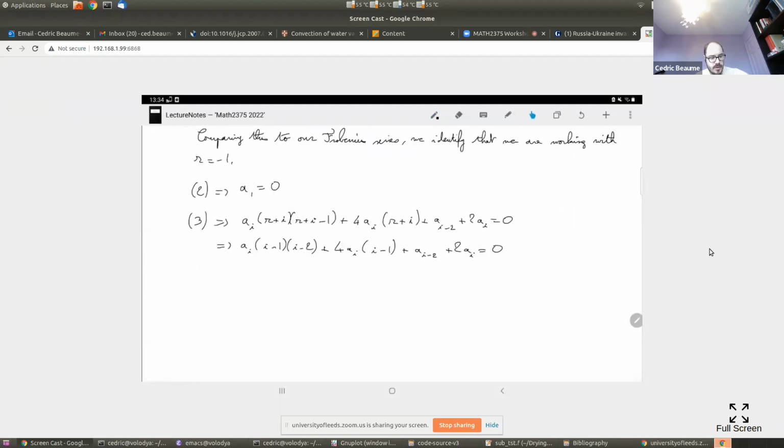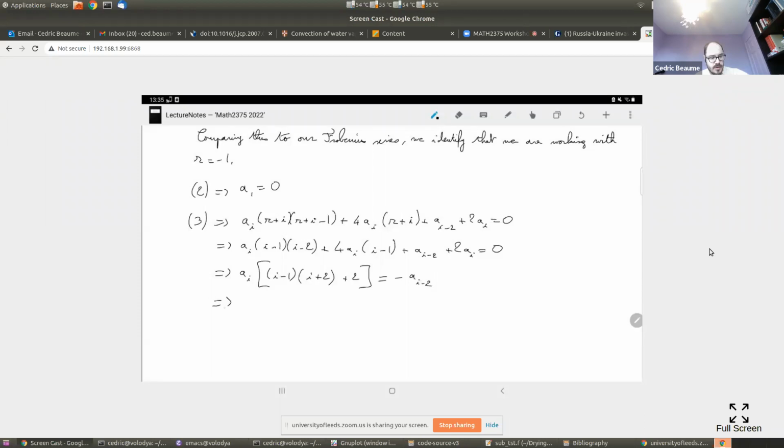I can factorize some of that. So I can say that it's a_i times a factor of (i-1)(i-2) plus 4(i-1), and then I've got a term here, which is plus 2, and I'm going to say that this is equal to minus a_(i-2).